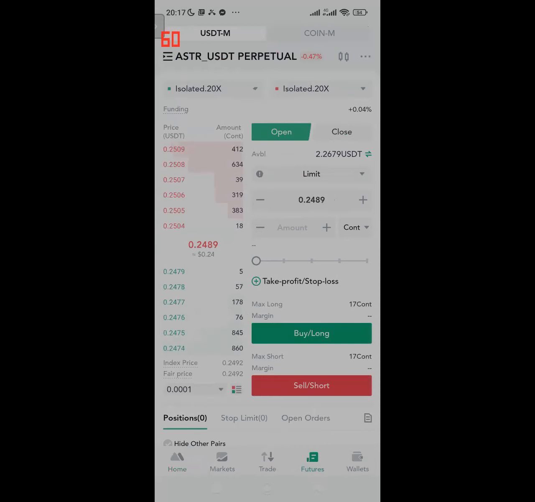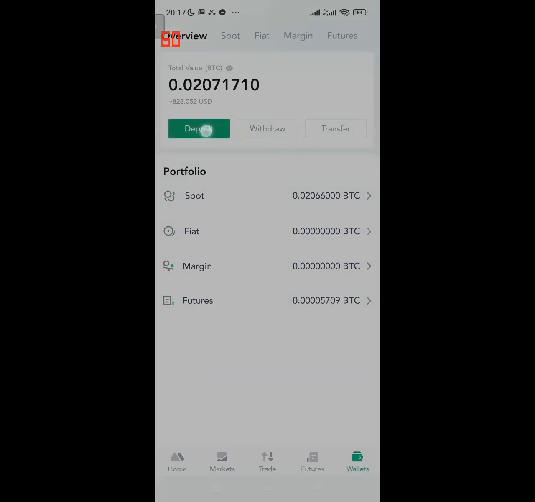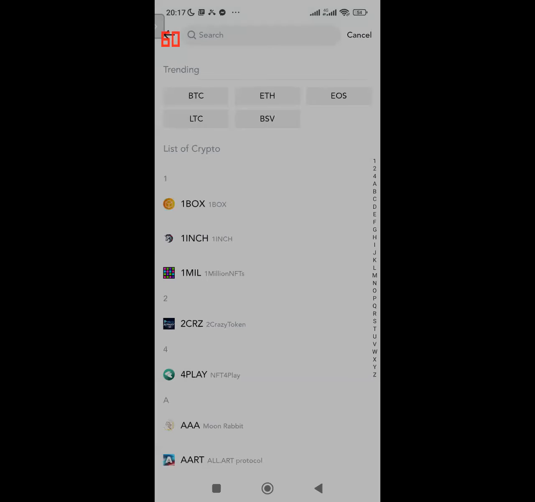Now, the same way you fund your Binance future account is the same way you fund there. You deposit to your spot account by going to the last icon written as wallet. You click deposit and deposit USDT to your wallet.